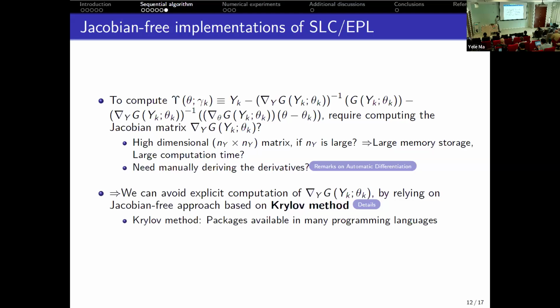But concerning these points, we can avoid explicit computation of the Jacobian matrix by relying on a Jacobian-free approach based on the Krylov method. So basically, the Krylov method is a solution method of linear equations, and the packages of the Krylov method are available in many programming languages. And so the implementation is not very difficult.